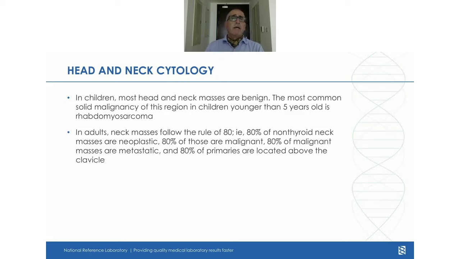But the point is that it's very rarely malignant, and most commonly can be, for example, cystic lesions, which are benign and reactive. The rule of the neck is 80% of non-thyroid neck masses are neoplastic, 80% are malignant in adults, and 80% of primaries are located above the clavicle.